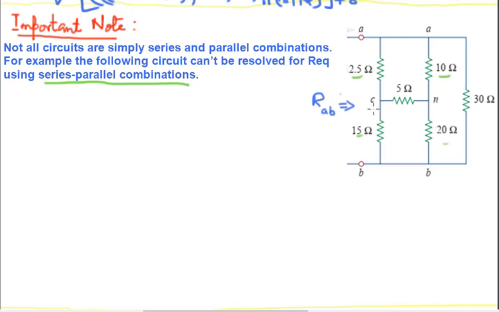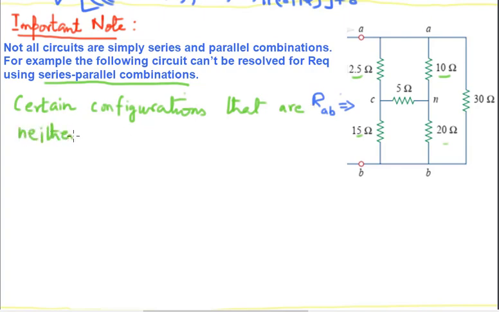And in order to start solving this circuit, you must understand that there are certain connections or configurations that are neither series nor parallel.